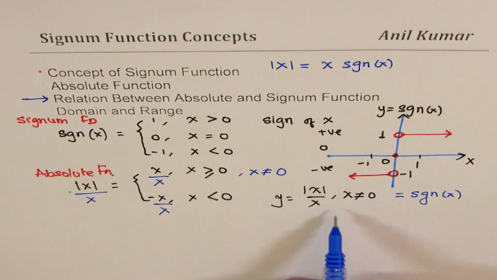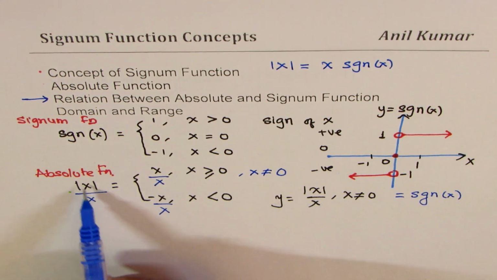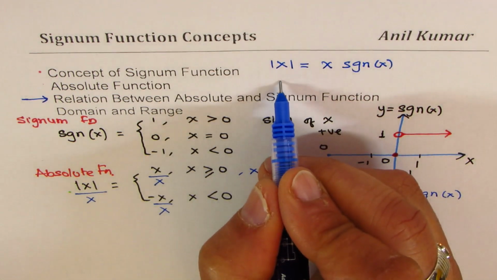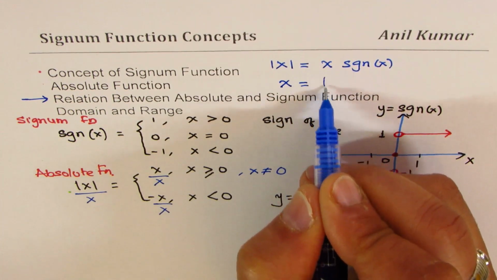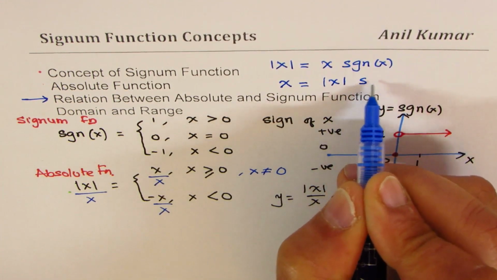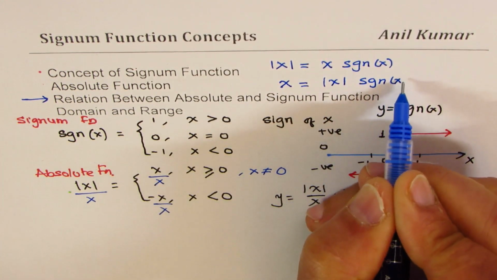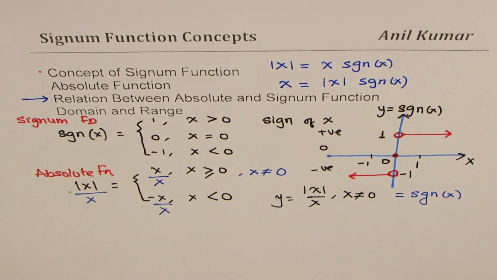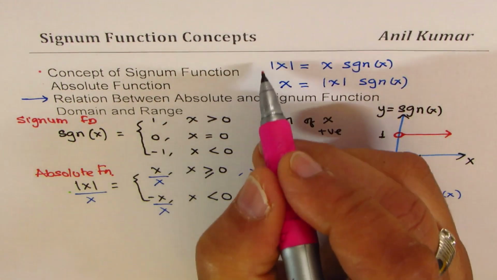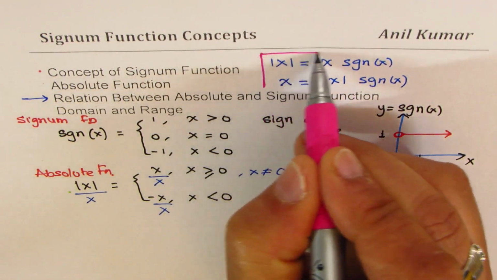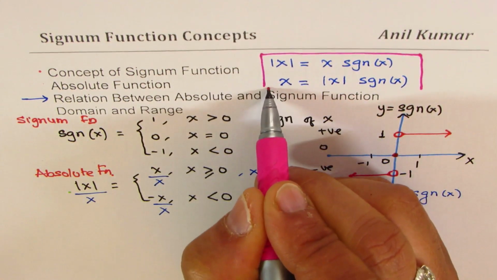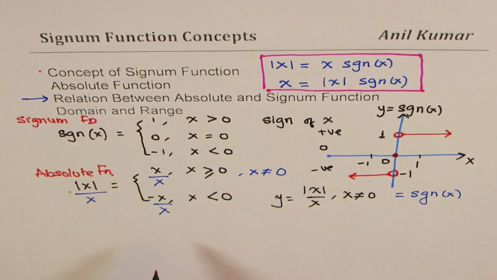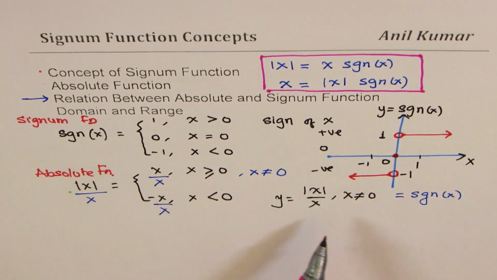And we could also write, because this could be either way, right? x as absolute value of x times Signum function. Now that is of huge importance in calculus and in higher level mathematics. This is a very important relation, right? So I hope you got the concept. I know I mixed this up, but anyway.